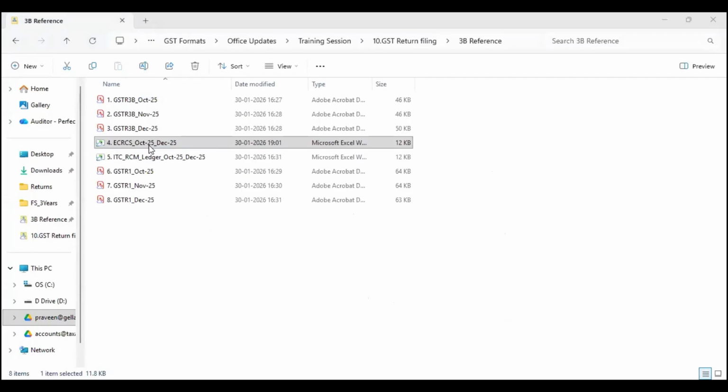For a particular month, again, we have taken this from October to December, where there is an opening balance. How much is the opening balance in credit ledger? This is the opening balance in my electronic credit ledger, which is like your temporary warehouse. So in the warehouse, I have IGST 23 lakhs, CGST 78 lakhs, SGST 78 lakhs. Now for the month of October, when I file GSTR3B, from table 4A5, there is data getting auto-populated, all other ITC.